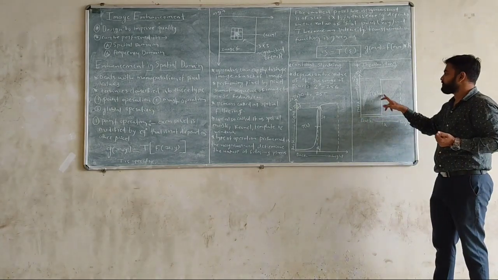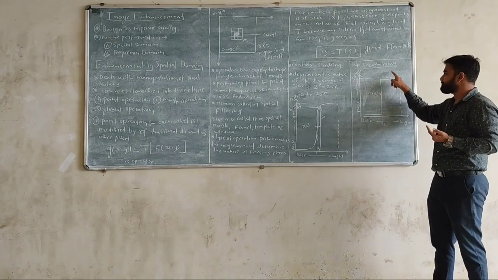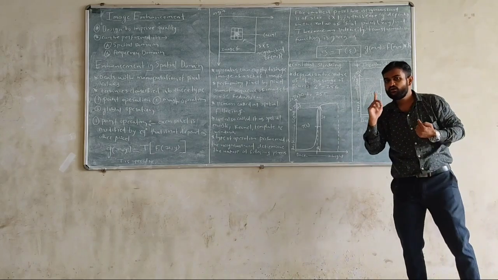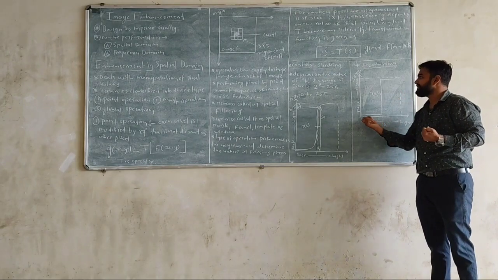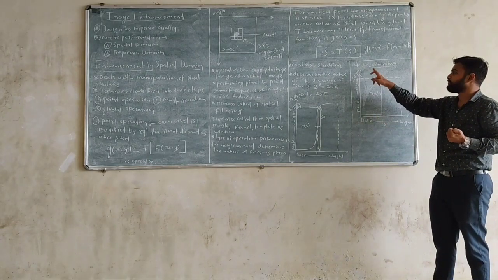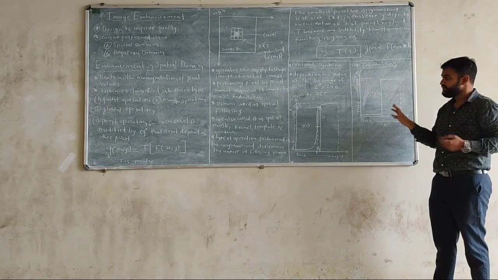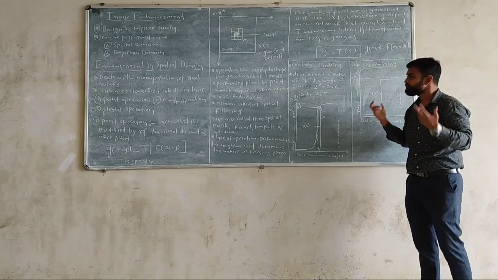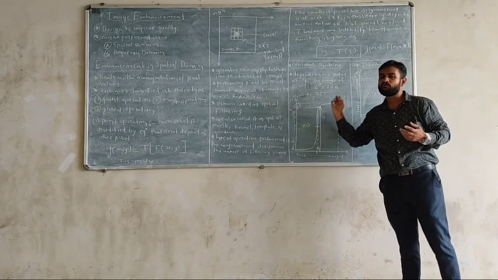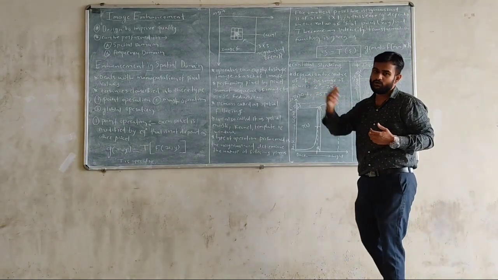If it is greater than K, it is represented as logic value 1. What it means? It is a white image. So ultimately in black and white images we use image thresholding. Image thresholding and contrast stretching are different, but contrast stretching is also a part of your spatial domain or point operation.